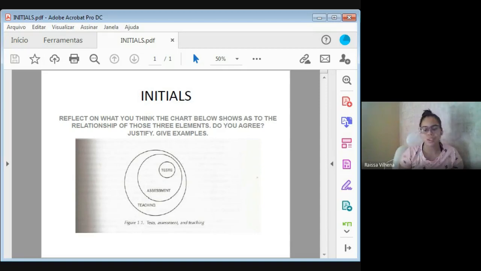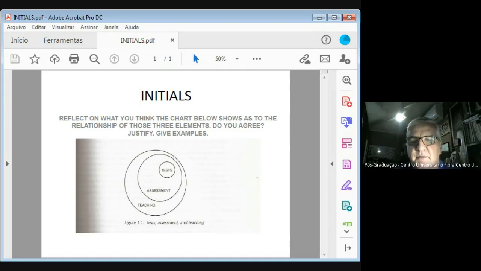So there are many other ways of assessing a problem or something that the student is having problems with. Right. Any other opinions? No? So you agree with Haisa then?